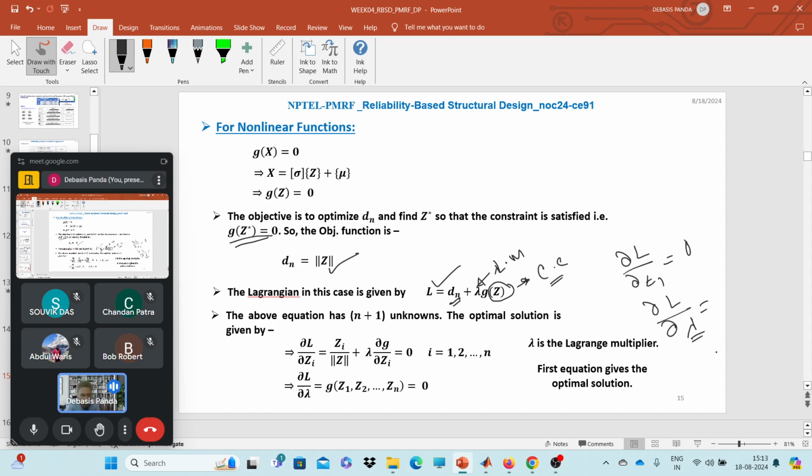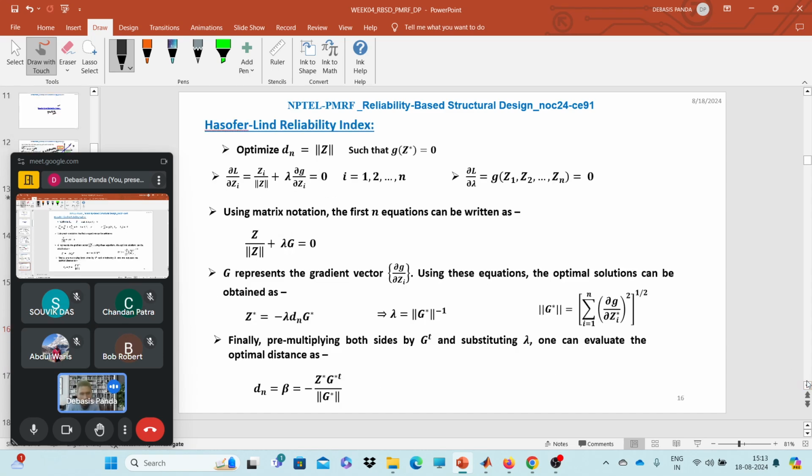So now if we solve this and look for the optimal solution, the optimal solution for z comes in terms of lambda, dn and g star, and dn is nothing but the Euclidean norm of z. By this way, if we solve the problem, we will find that beta comes as minus z star g transpose by the Euclidean norm of g.